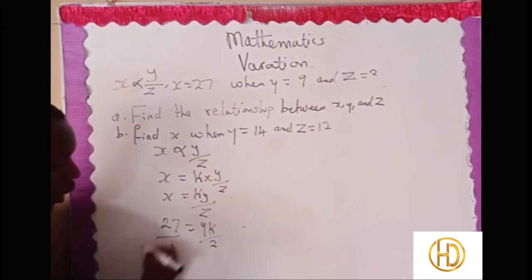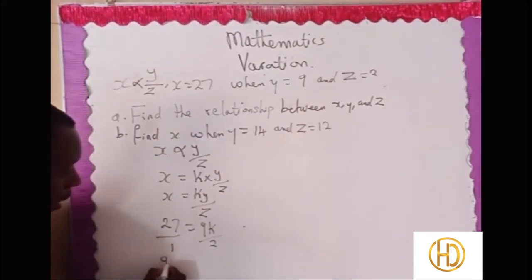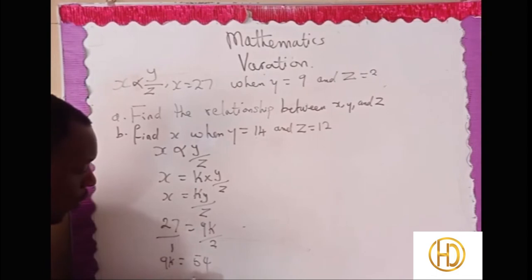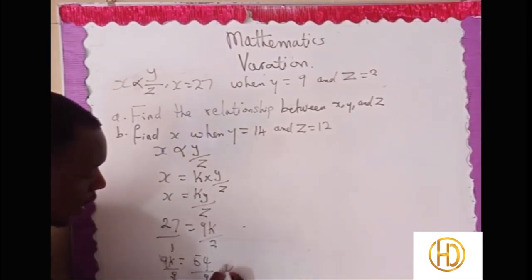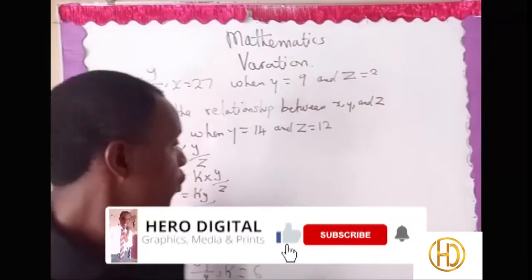So from here, if we cross multiply, what we're going to have will be 9k equals 2 times 27, which will give us 54. So if you divide both sides by 9, we have k equals 6. Now that we've gotten the value of k, what do we do?